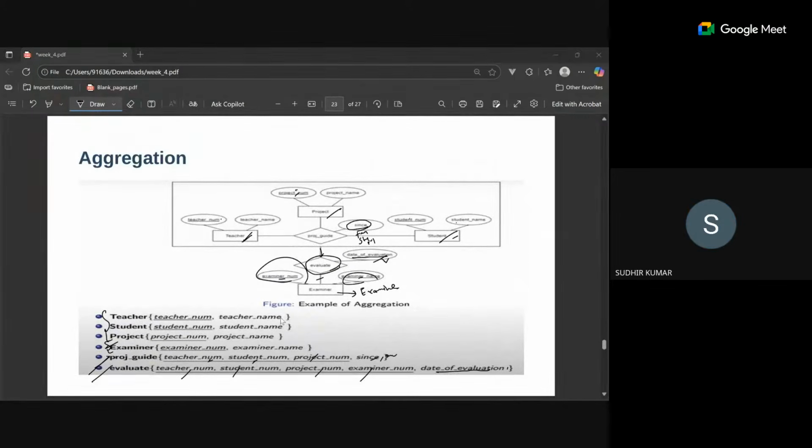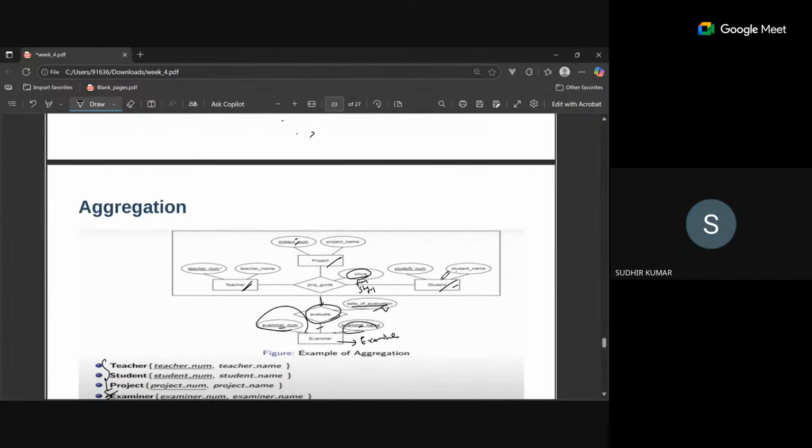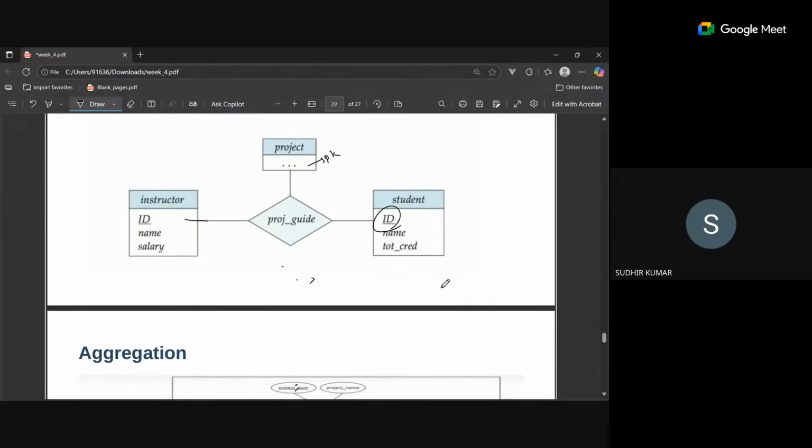Like in these two tables, we can form the tables and give the foreign key. In case of three tables, how to handle that? In case of three tables, ternary relations, we need to handle them with the foreign key and primary key.